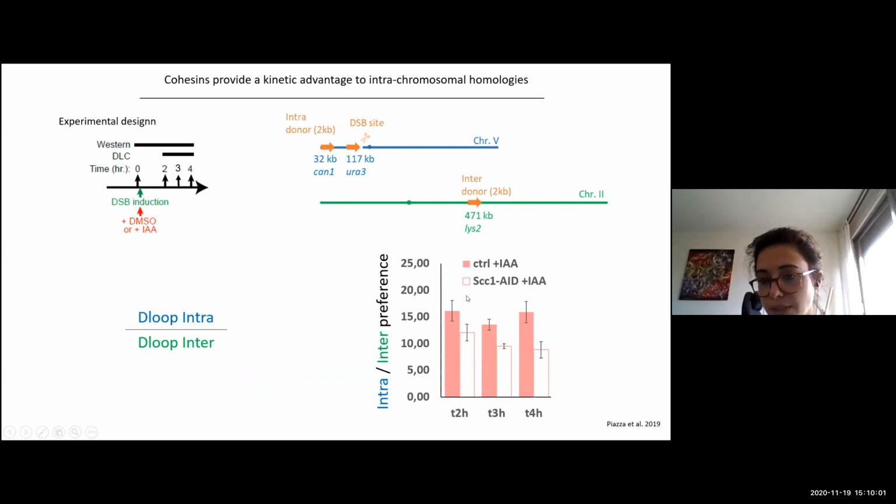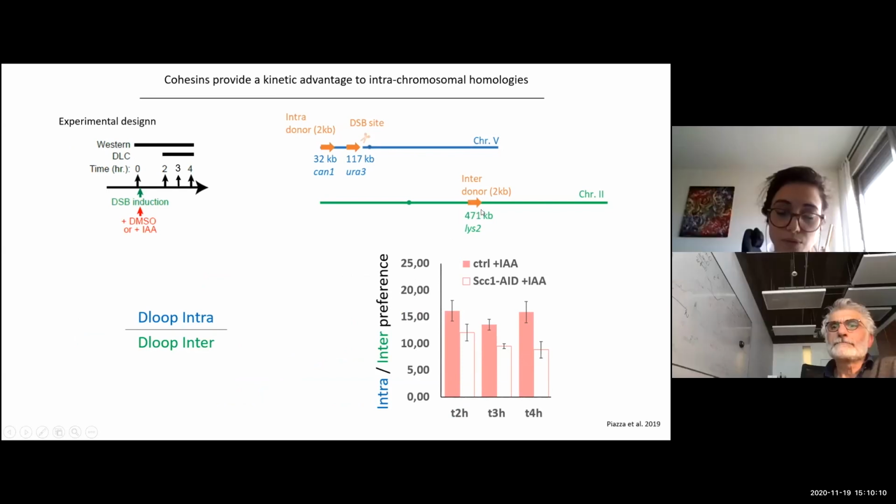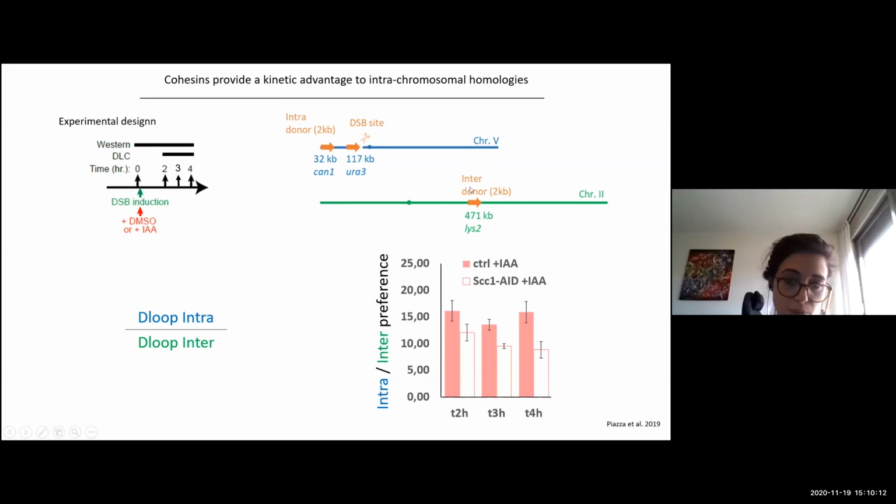In absence of cohesin, this ratio is decreased, suggesting that fewer D-loops are detected intra-chromosomally and more D-loops are detected on the inter-chromosomal sequence, which is completely consistent with the data that we got from the Hi-C: cohesin tends to restrict the homology search intra-chromosomally and disfavor homology search in inter.